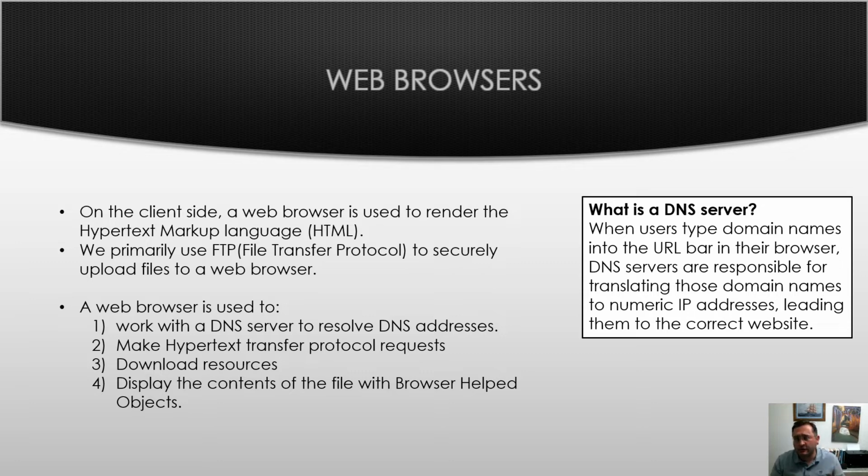So DNS servers are responsible for translating those domain names to numeric IP addresses, leading them to the correct website. So the URL domain names are translated into an IP address, and then the DNS server actually helps the client to access the correct IP address of the web servers.